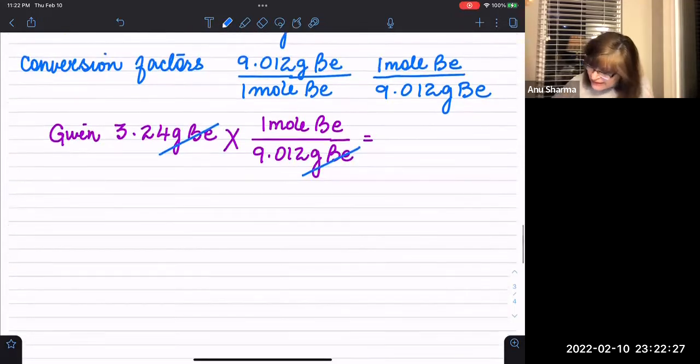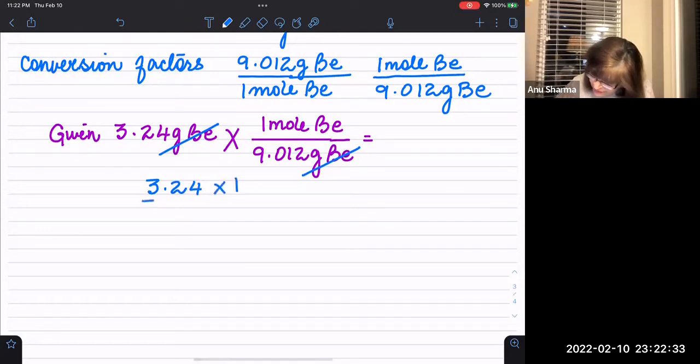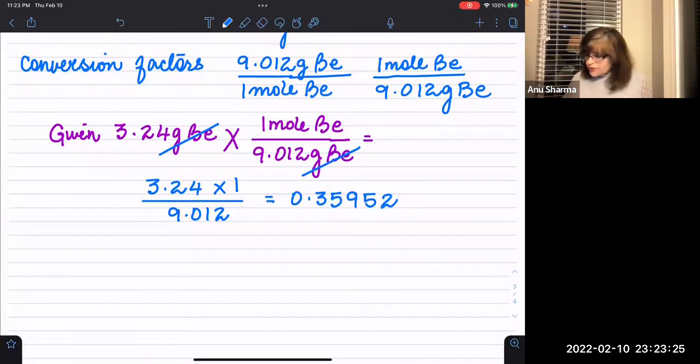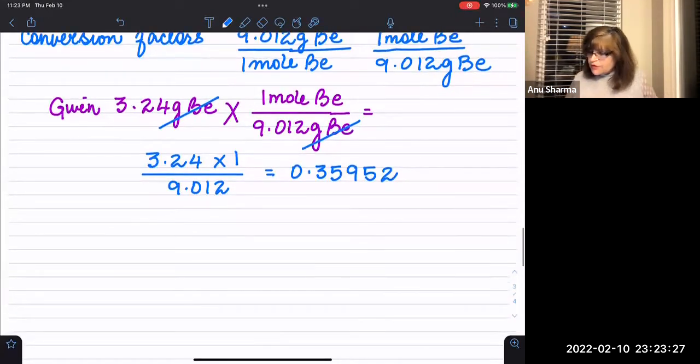Next is 3.24 times 1, divided by 9.012. Let's finish this calculation. When we do this, we get 0.35952.